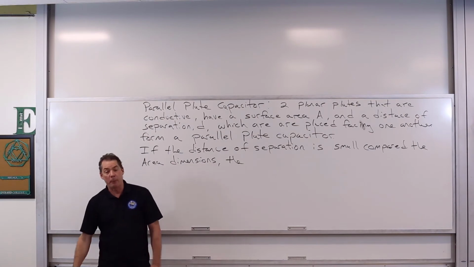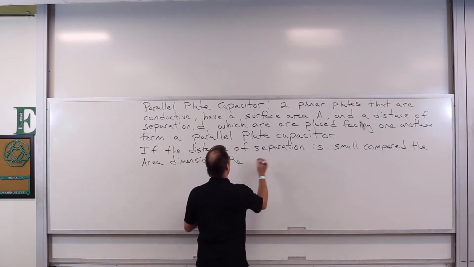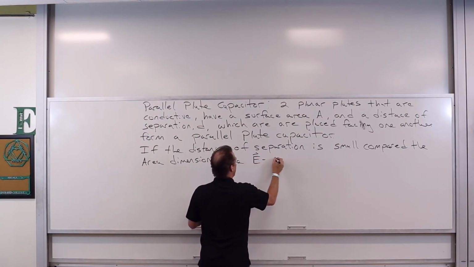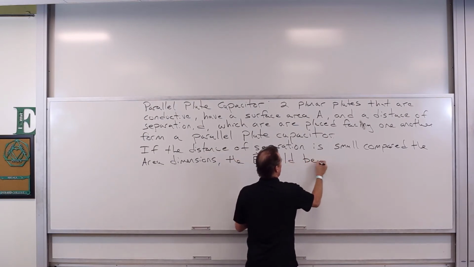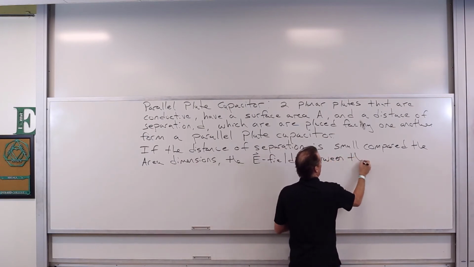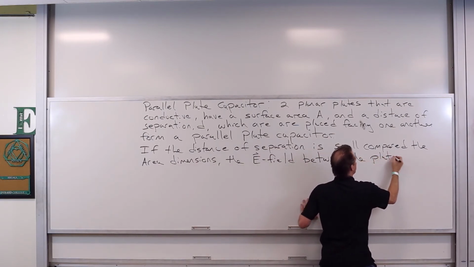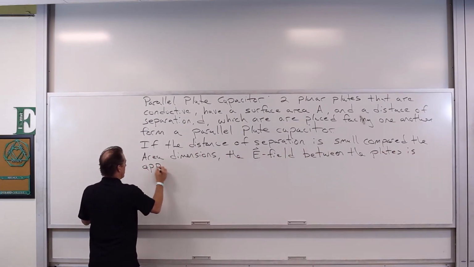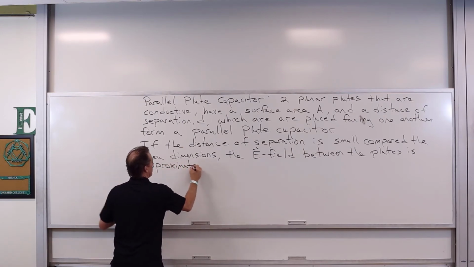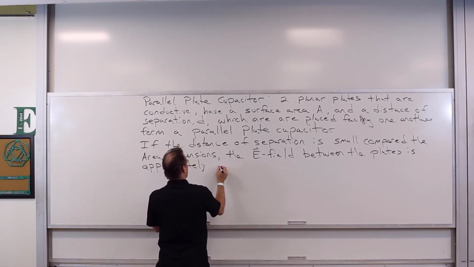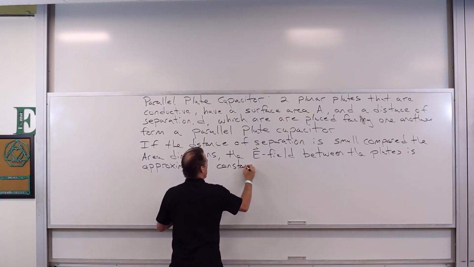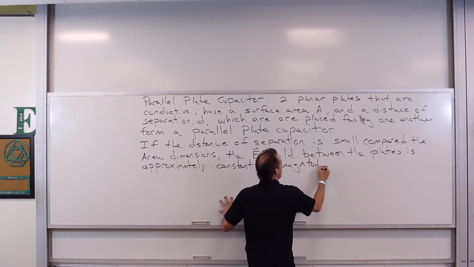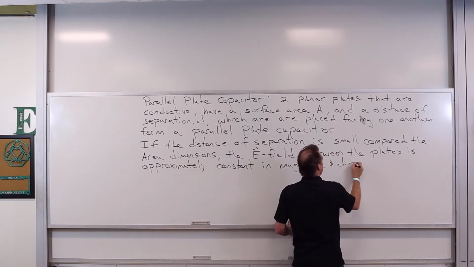The electric field between the plates is approximately uniform. You have the field between the plates approximately constant in magnitude and direction.